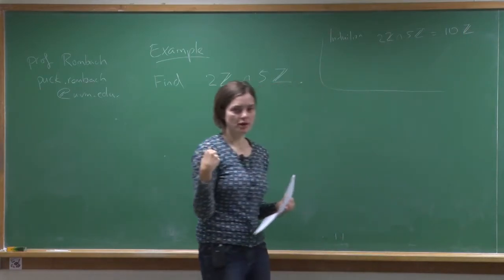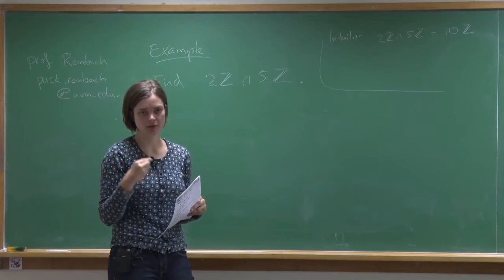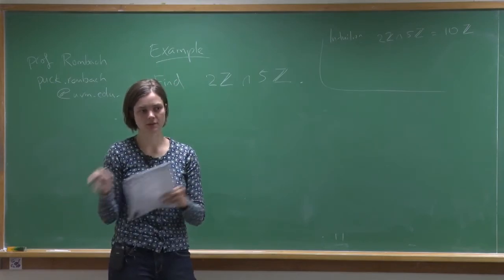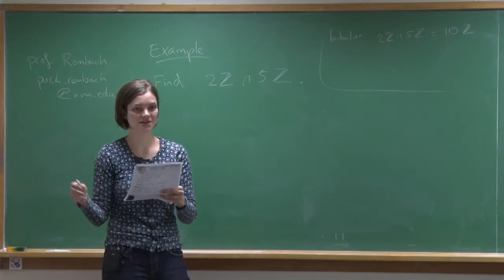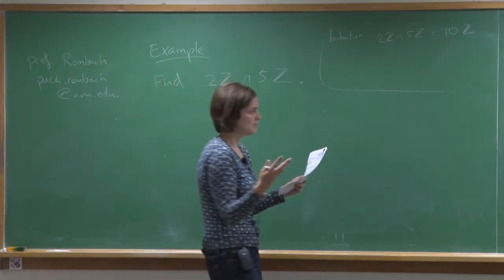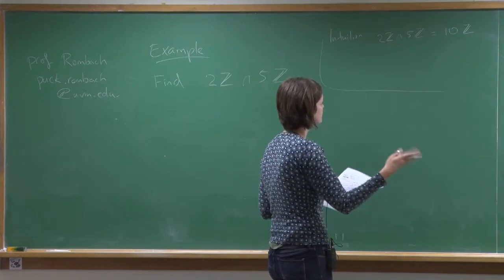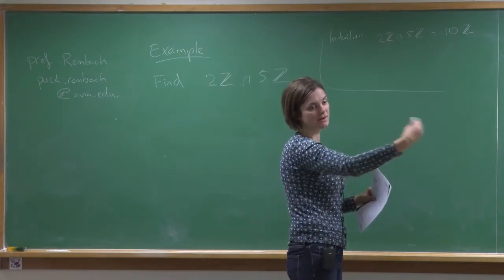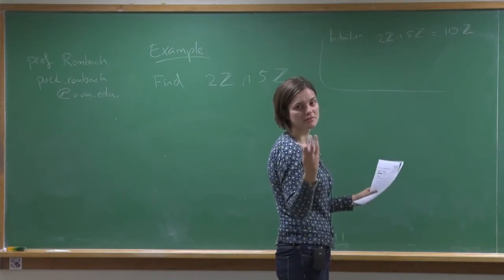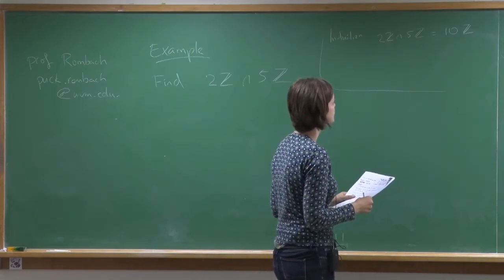And how do we show that two sets are equal to each other? Well, you'd have to show that one is a subset of the other and the other is a subset of the first one, right? That's how we show that two sets are equal, because if that's both true, then every element in the first set must also be in the second, and every element in the second must also be in the first, so then they're the same set.